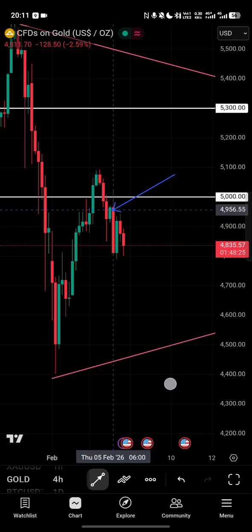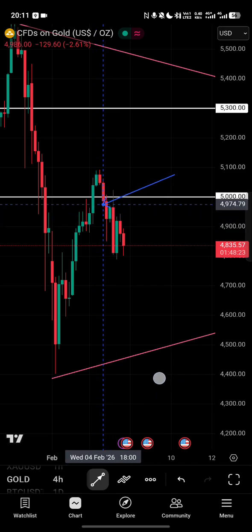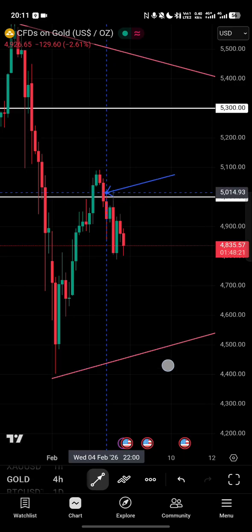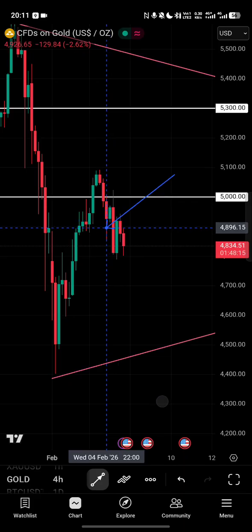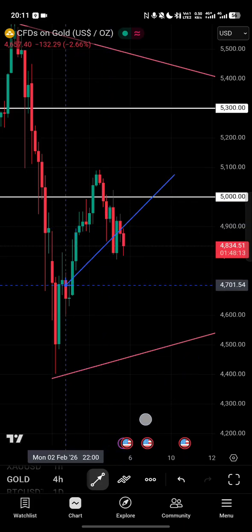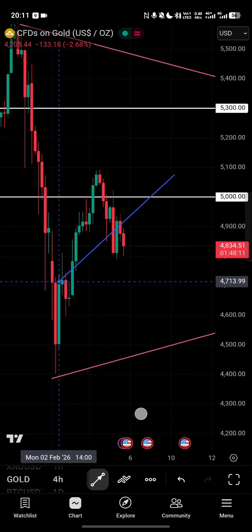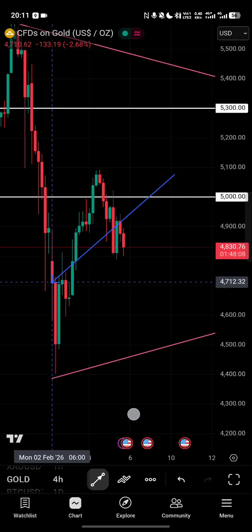If the reversal isn't complete, we still cannot say this is a bullish price action, because bullish price action needs the reversal to push up and then break resistance.